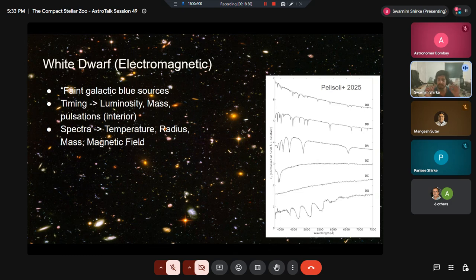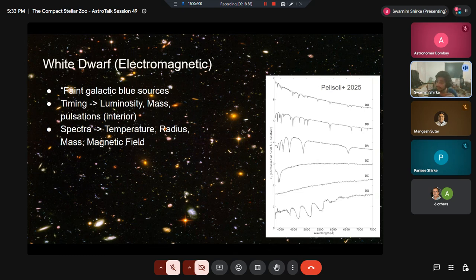It does astrometry, basically observing the object when Earth is at one location, and then six months later you go to the other side of the Sun. That is the standard way, and you take the observation. It appears shifted compared to the background because the object is closer. This is the parallax. This can be used to measure the distance, and in such a way you can find these white dwarfs.